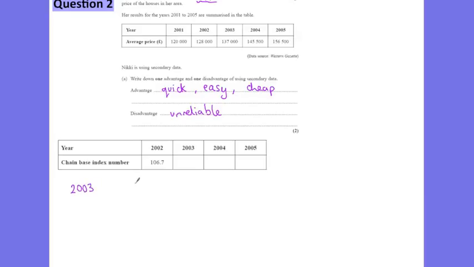We take the price of the houses in 2003 from our table here, 137,000. We divide by the preceding year's value, in this case, 128,000. Timesing by 100 gives us our index value here of 107.03.